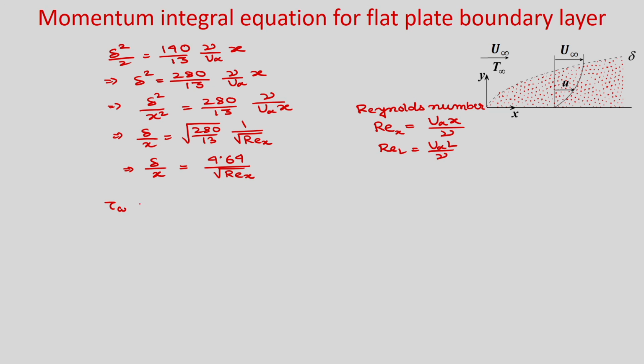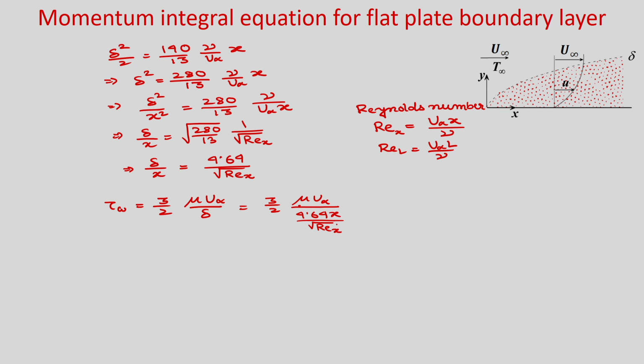We have found the shear stress tau w as 3 by 2 mu u infinity by delta, right. Now you can put the value of delta here. So, you will get 3 by 2 mu u infinity, and delta you can write as 4.64 x by root Re x.